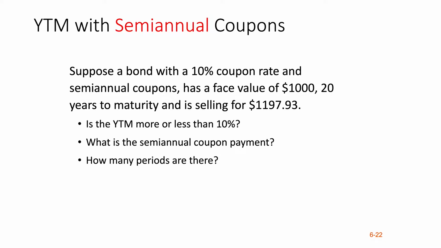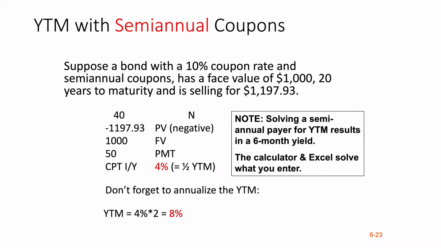Now, this is semi-annual, so semi-annual means 6-month payouts. For a 20-year time to maturity, you double it: 20 times 2, 40 periods. That is N. The bond price is 1,197.93.